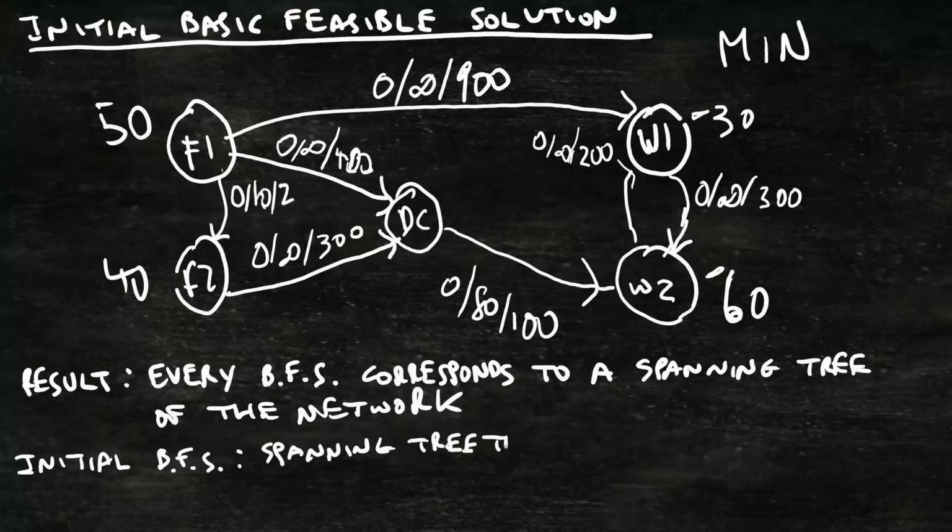that satisfies flows and bounds. That means whatever flows in must flow out, and we also have to stay within the bounds. Now let's draw the spanning tree with a different color.